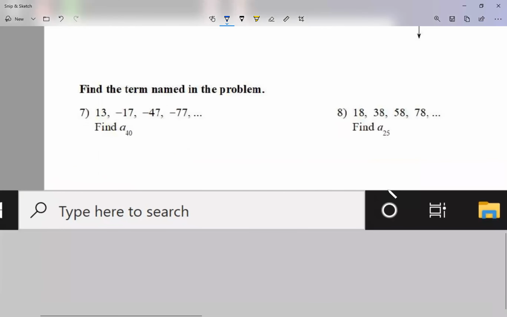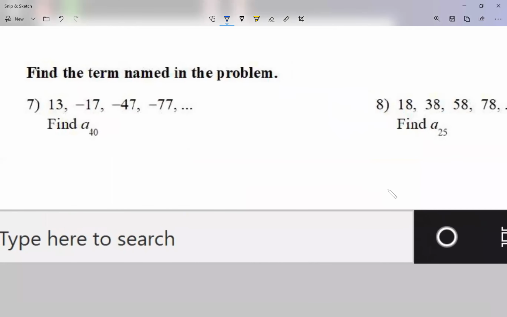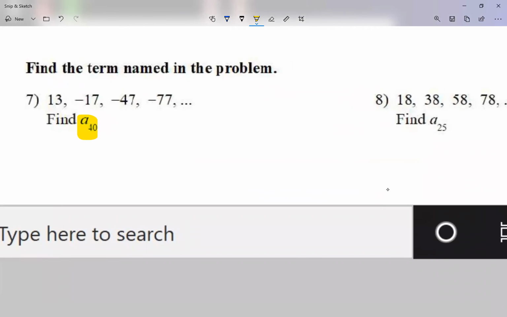So let's take a look here. Question number 7. Find the term named in the problem. So I'm giving you guys a list of 4 numbers, but I want you to find the 40th number on the list. Whoa, okay. Now we can do this the long way, the hard way. The hard way is basically, I'm going to see the pattern to begin with.